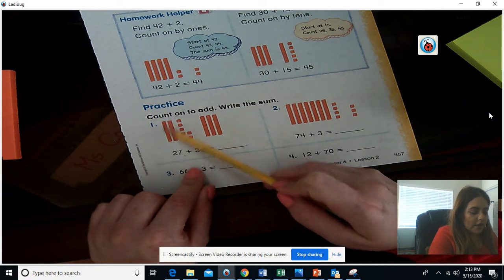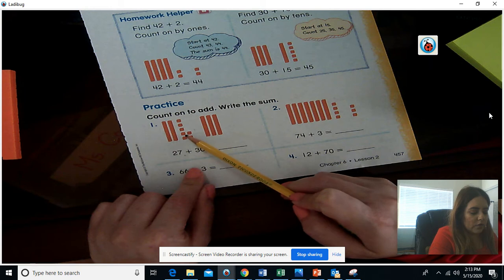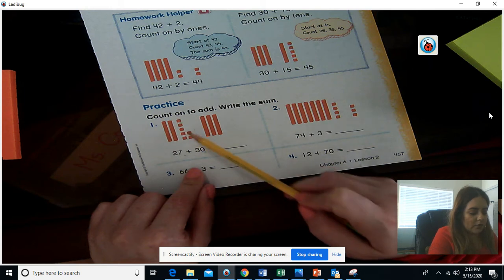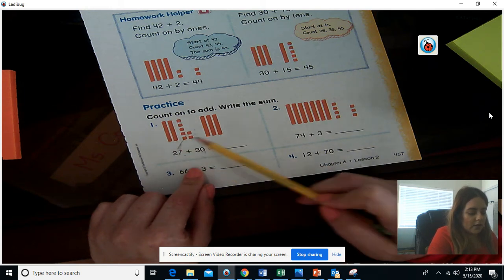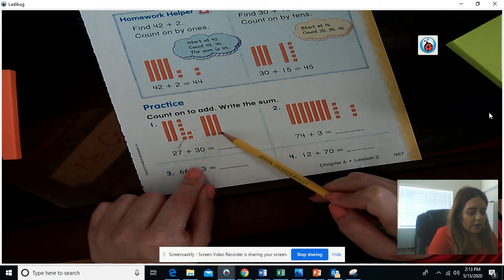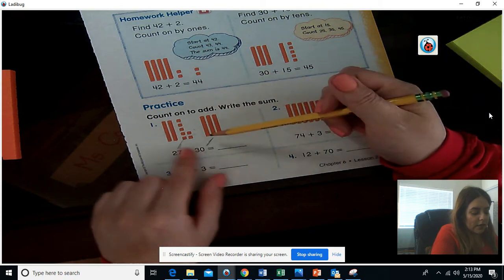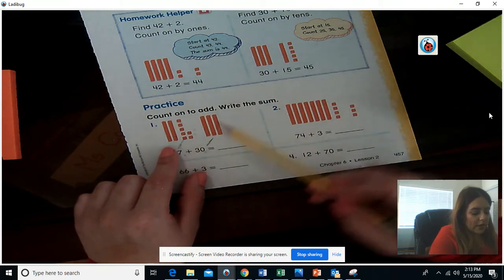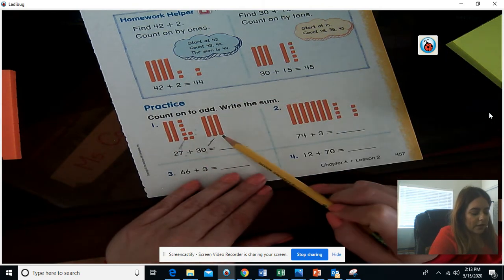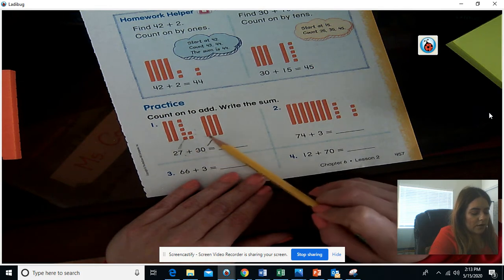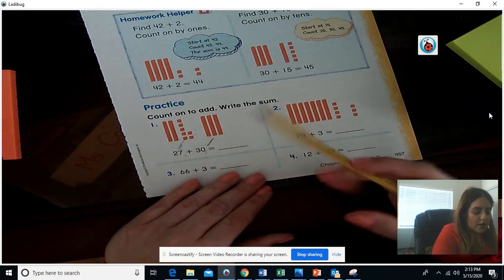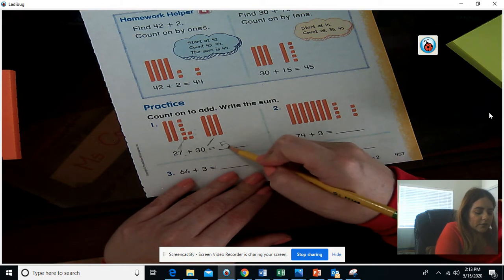20, 21, 22, 23, 24, 25, 26, 27, plus 10, 20, 30. So we can count these. We can say, okay, 27, how many groups of 10 do I have? I have 1, 2, 3, 4, 5. So I have 5 groups of 10.